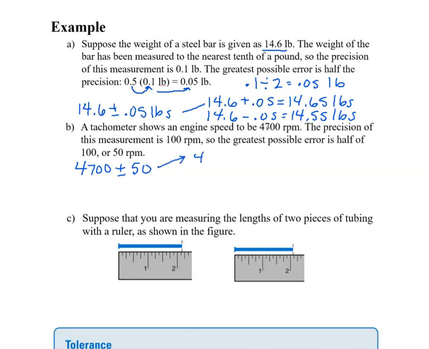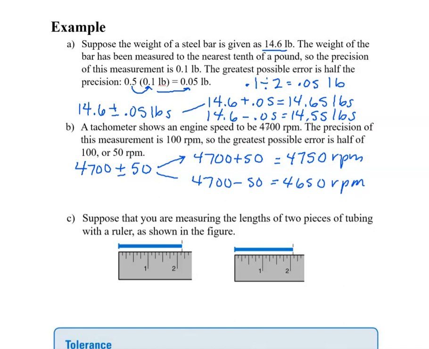That means we're going to add and subtract: 4,700 plus 50 and 4,700 minus 50. So that's going to give us 4,750 RPM and 4,650 RPM. So we're pretty sure that our estimate is going to be right between these two values.